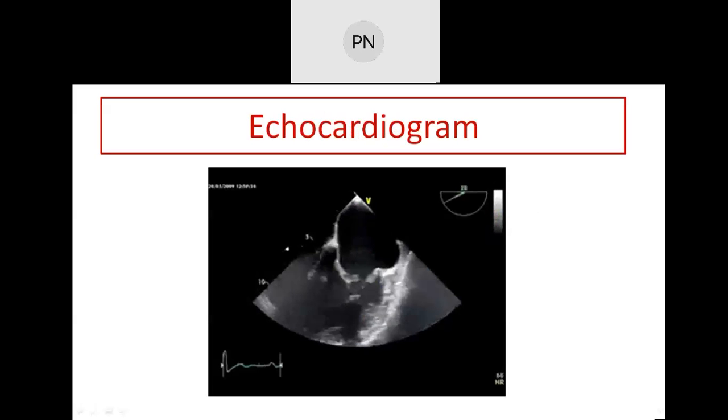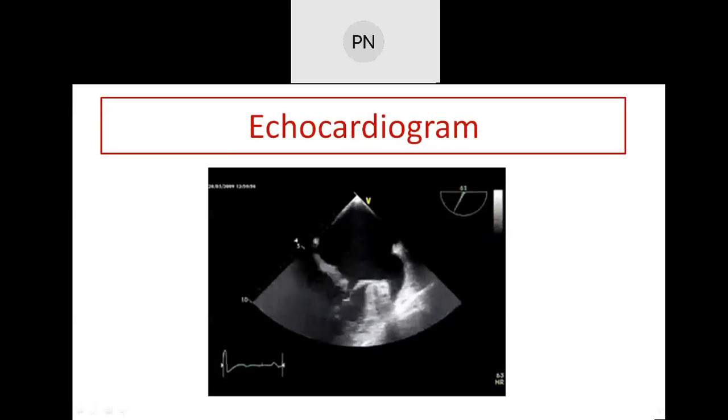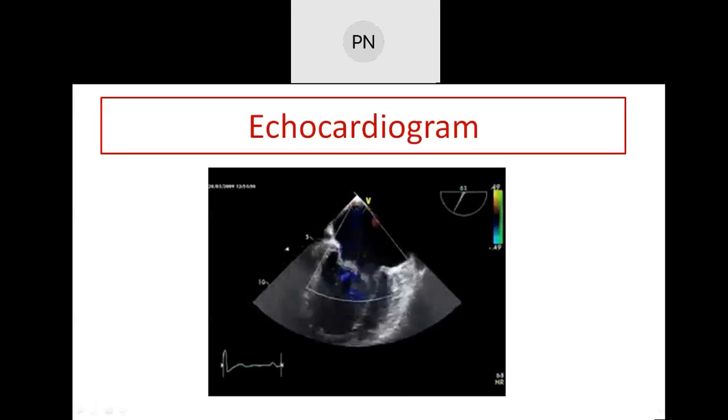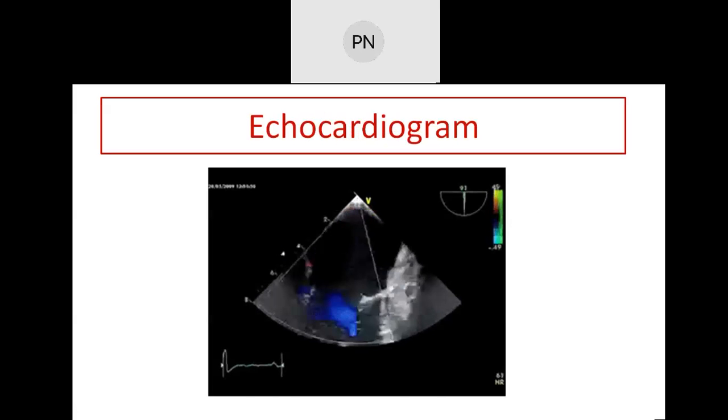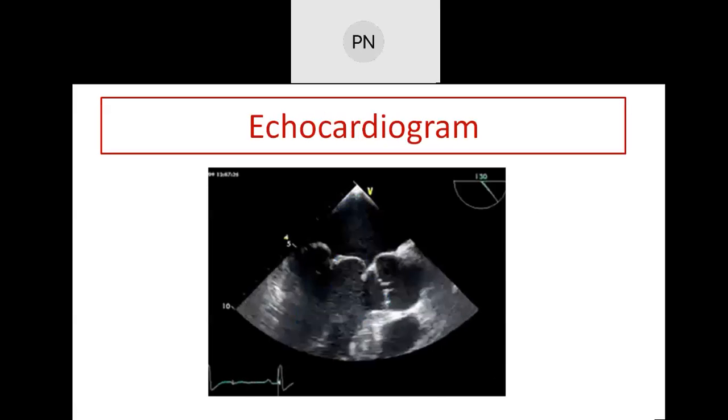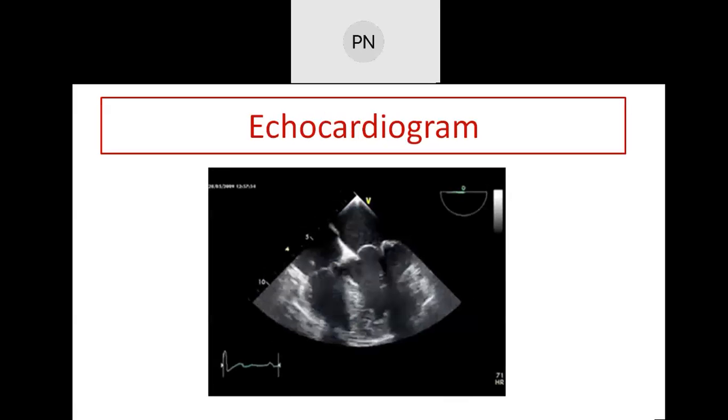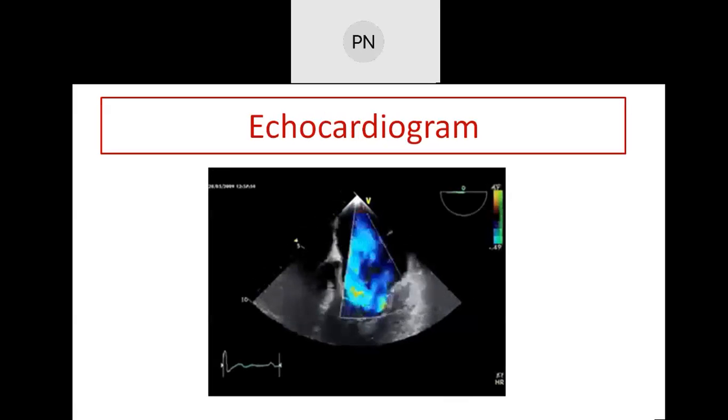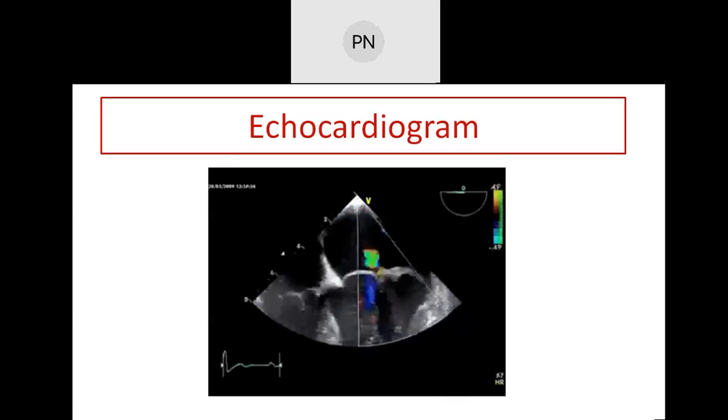The blood that is flowing from below to upward in this picture, that is the regurgitant blood, the oppositely flowing blood. So this is how it might look.